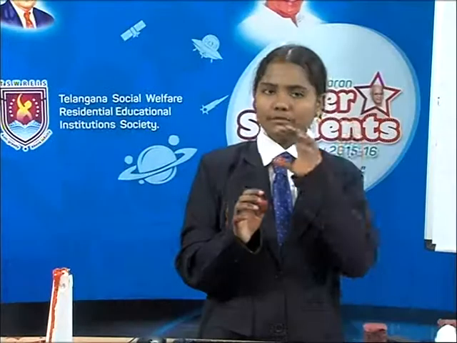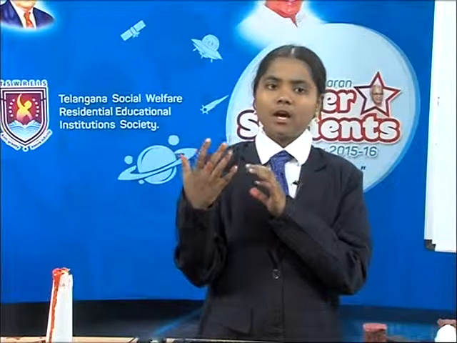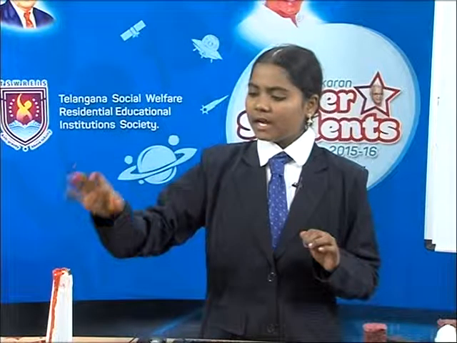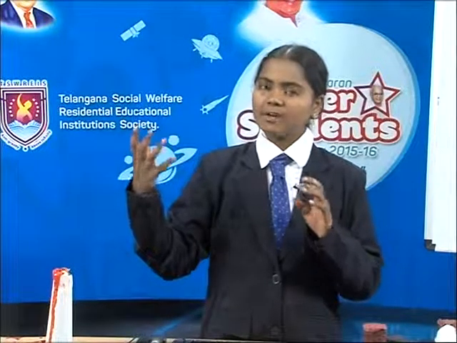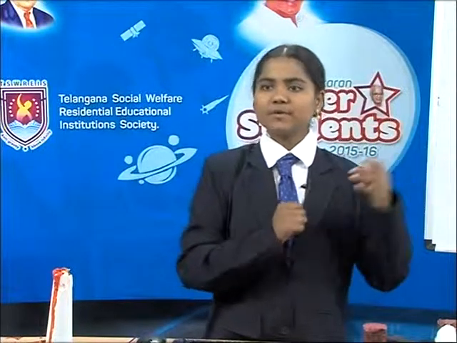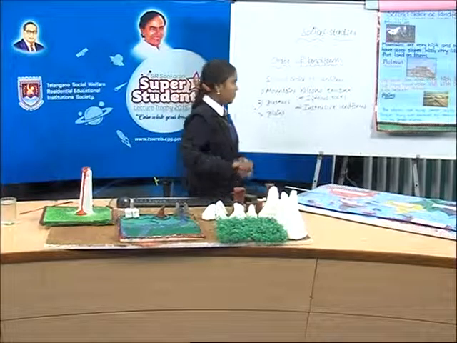This is called intrusive landforms. After cooling down it forms rocks. So when the lava which can't reach the earth's surface cools down under the surface only, it is called intrusive landforms. And the second one is extrusive landforms.